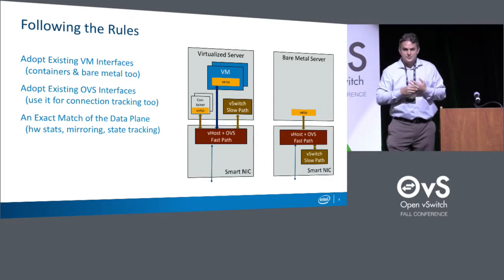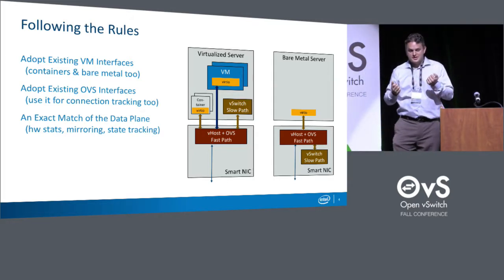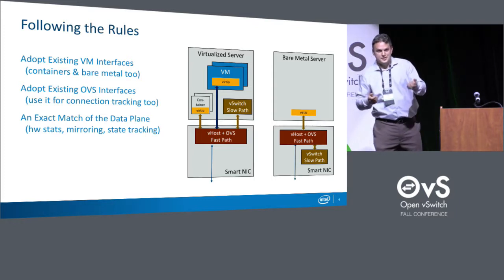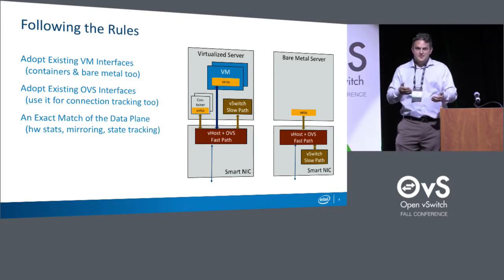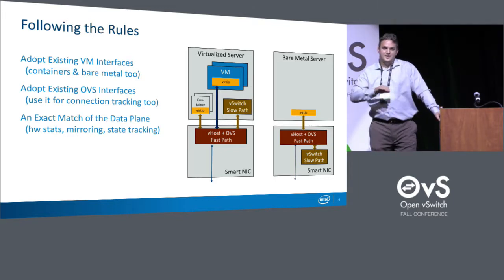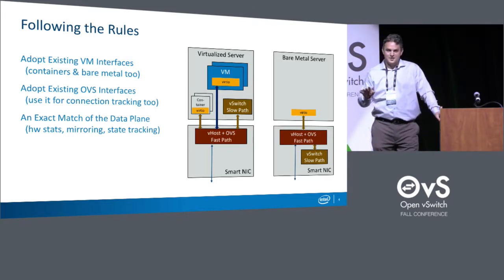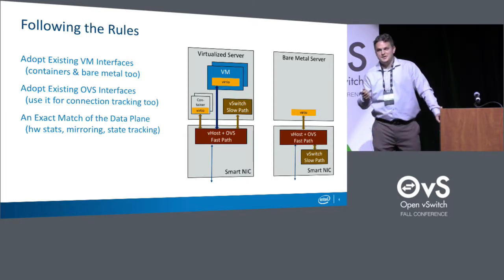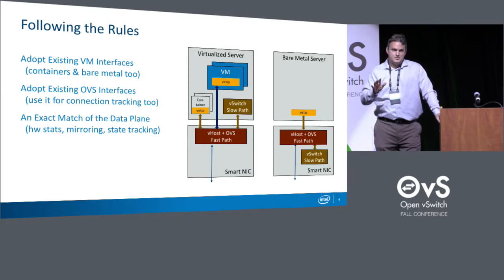And then the last piece was, what we began to learn is that if you want to do this right, you really need to take all the features that were in that vSwitch unaccelerated and put them in the data plane. You can have missing features not in the data plane. Maybe you don't need to hardware offload your ARP function. But if every packet needs to have this function applied to it, then it needs to go in the hardware.